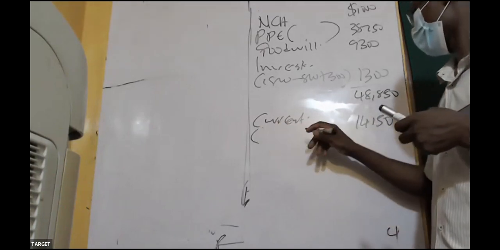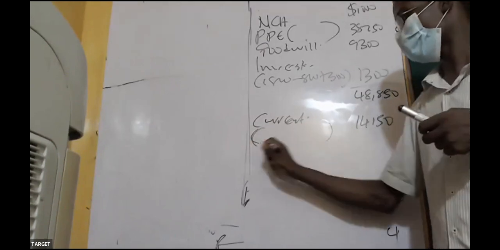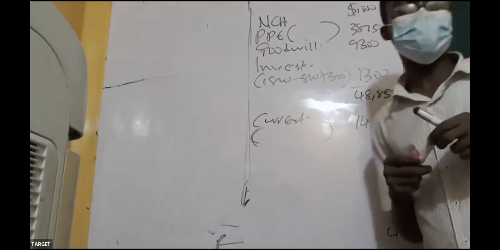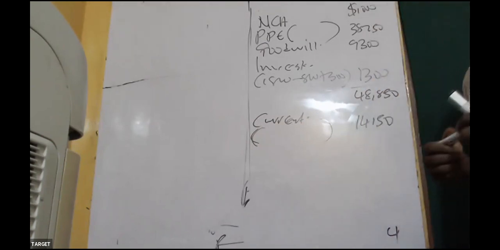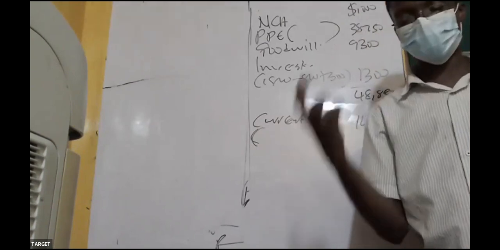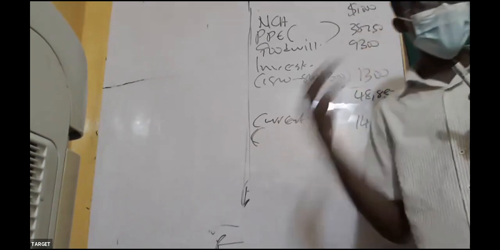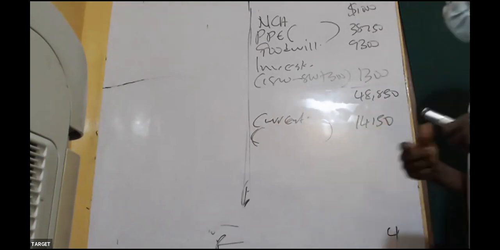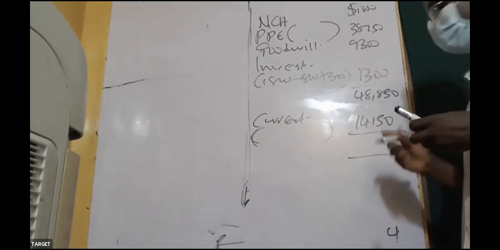At the end of the day, we added a lot of figures together: parent owned, subsidiaries owned, and then we less the unrealized profit of 400. Again, we less the 350 from it. That gives us 14,150. What's the total assets for the period?